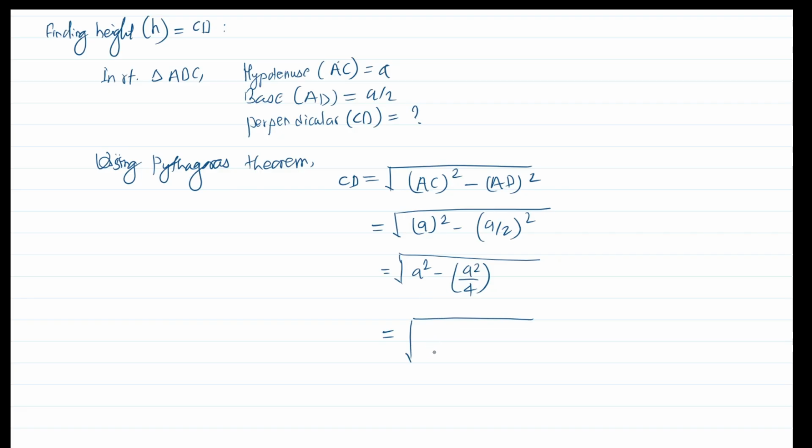We are taking LCM. LCM is 4 and multiplied by 4. A square is multiplied by 4 and minus, and A square is as it is, right? If you do not understand this, look at this example, 1 by 2.